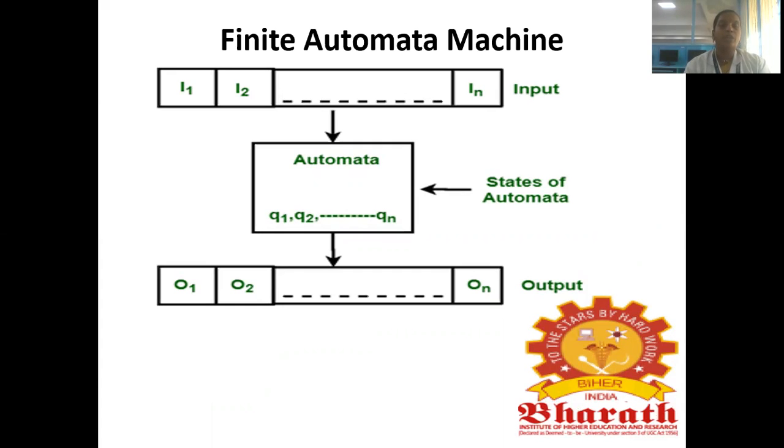First I give the inputs, that is I1, I2, I3, I4, up to In. Next is the state of the automata. All the transitions are done in this part, the automata part. Whatever the input is, strings, alphabets or languages, it is given to the machine to convert the automata state.